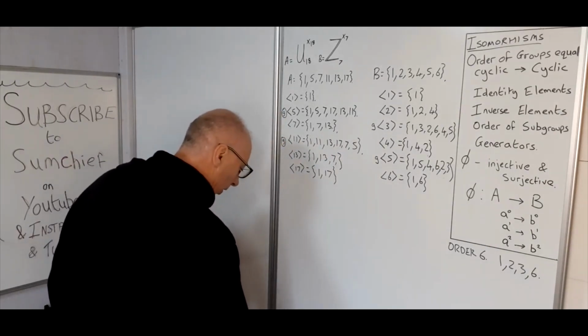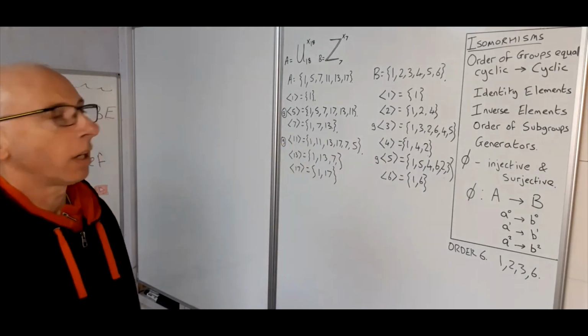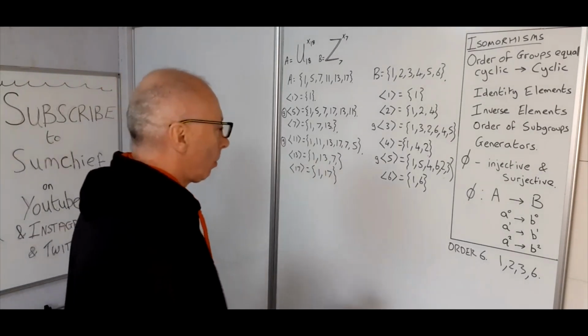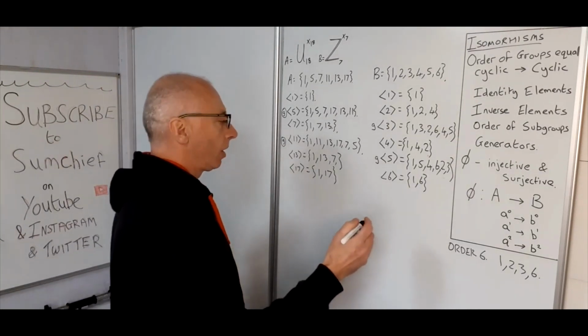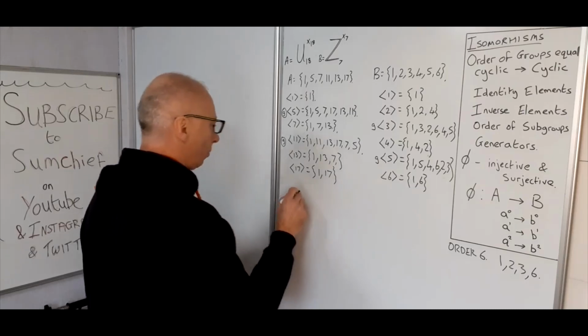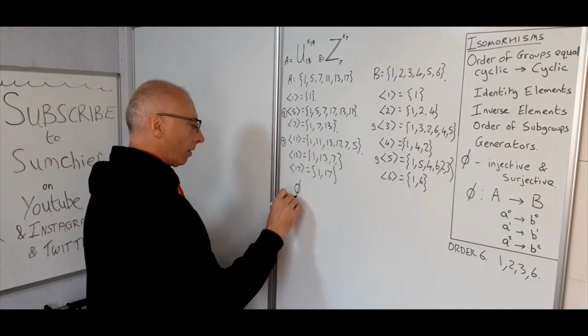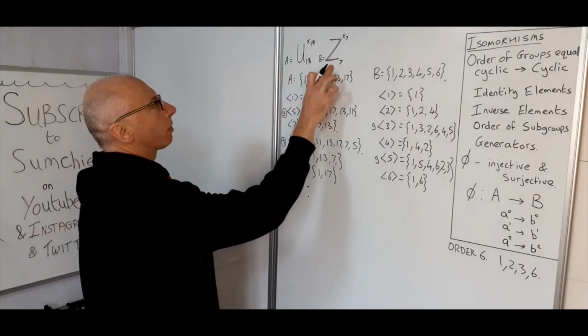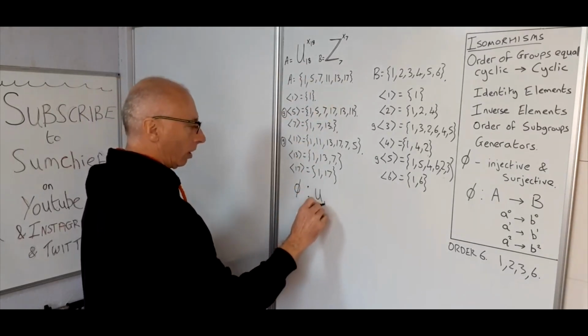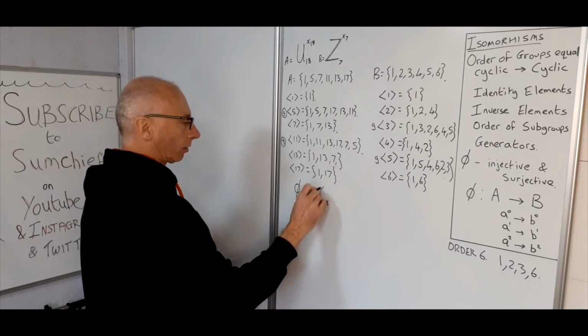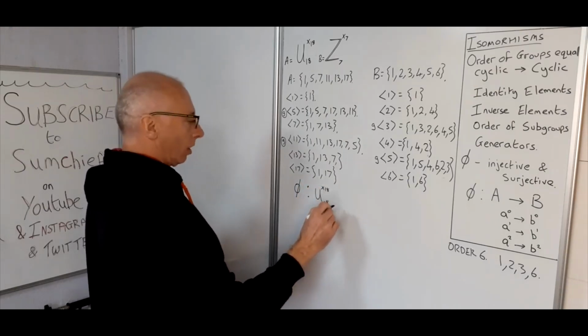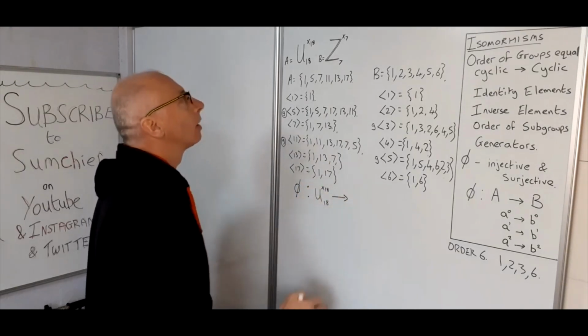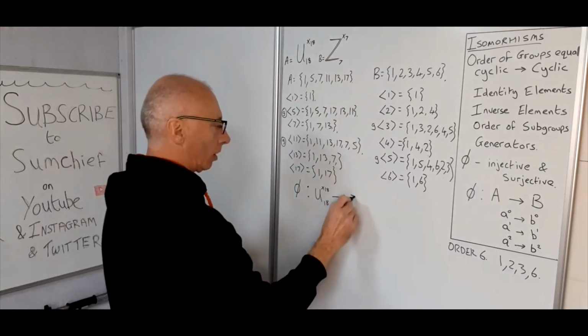So now what we're going to do to find our isomorphism is write it down something like this. So if we take phi to be, we can write this, the group with its order and its operator, will give us a mapping of this group.